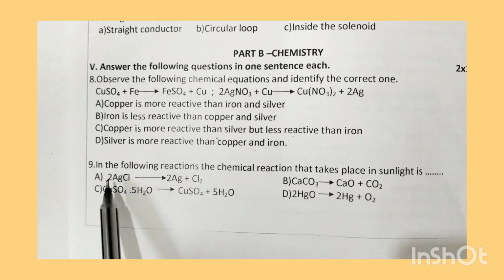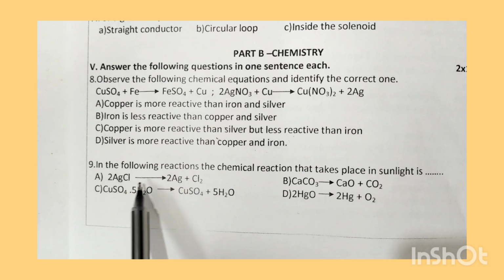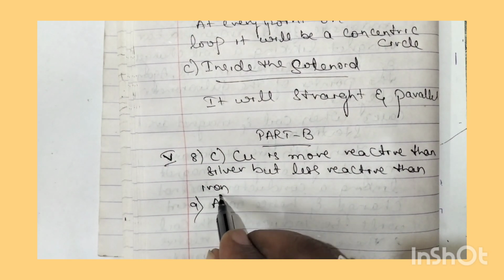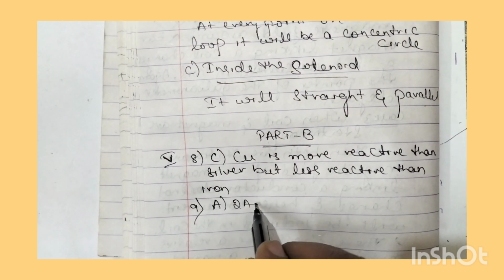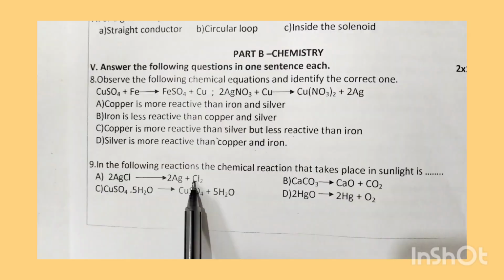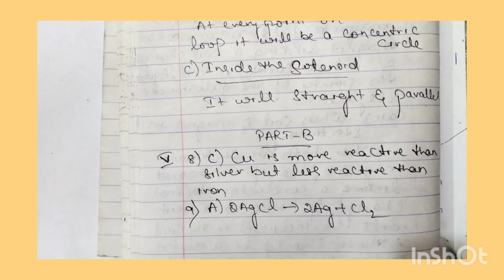Option A is the decomposition reaction that takes place in presence of light. So for the ninth question, the right option is A, 2AgCl gives 2Ag plus Cl2.